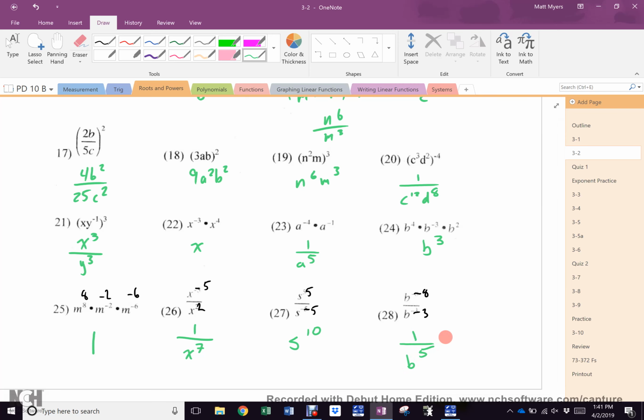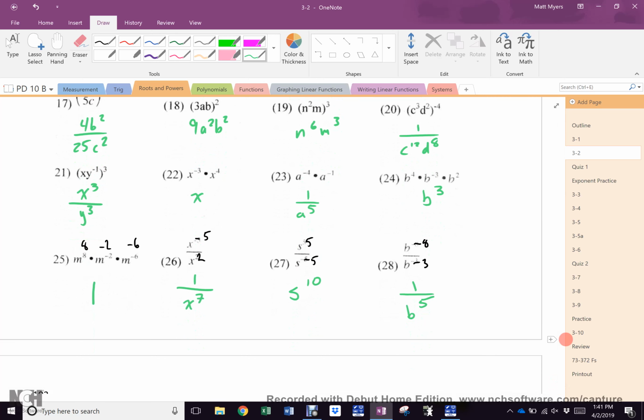Any questions? Okay. The shortcut, 5 minus negative 5 is 5 plus 5. Is 5 plus 5. Now, what you need to actually understand to do it right, because you're going to forget the shortcuts, is that s to the 5th, yes?